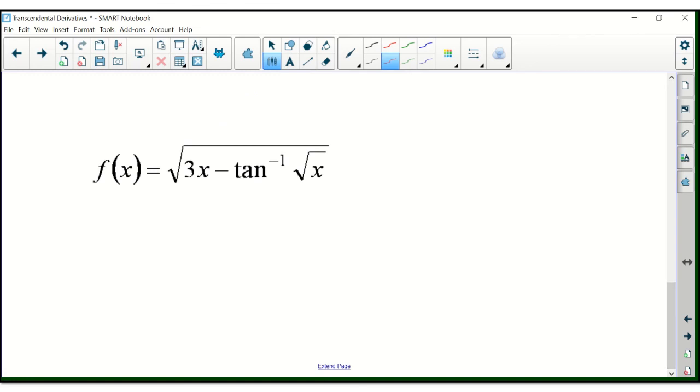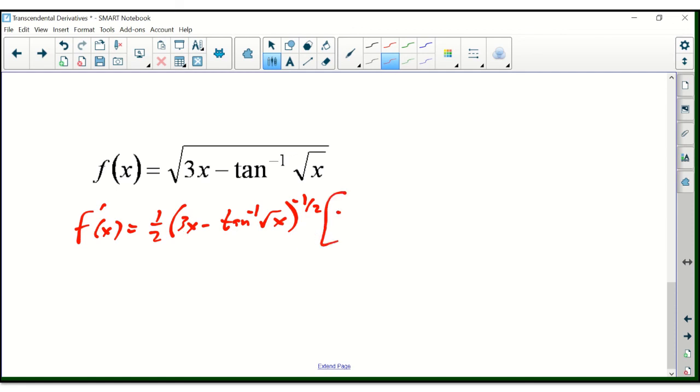Last one I'll do. This one is a chain rule, and inside this chain rule we will have an inverse trig function. So f prime of x will be 1/2 of 3x minus the inverse tan of root x, to the negative 1/2. Now I've got to multiply by the derivative inside the brackets.